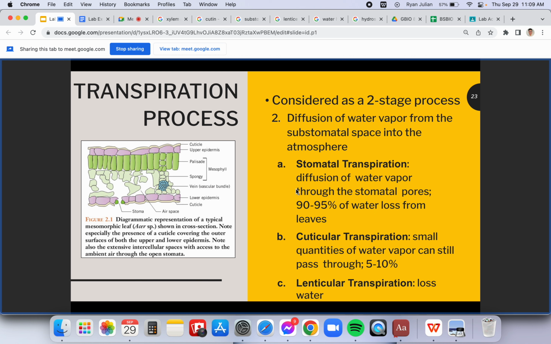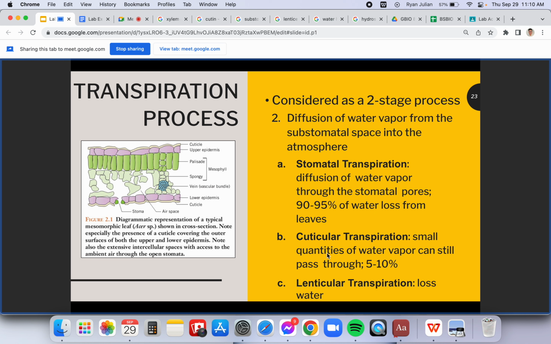First on our list is what we call the stomatal transpiration. It is basically the diffusion of water vapor through the stomatal pores, makes up about 90 to 95% of water loss from leaves. And as for the cuticular transpiration, small or exiguous quantities of water vapor can still pass through, which roughly makes up 5 to 10% of the lost water.